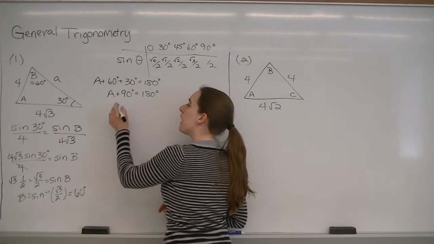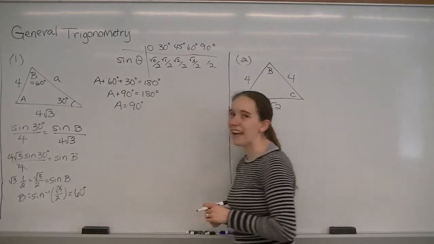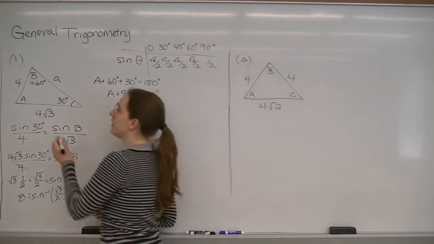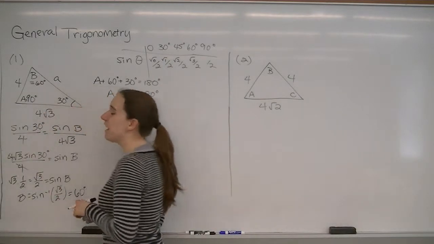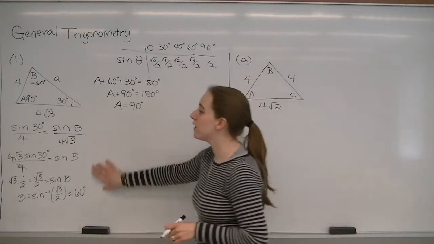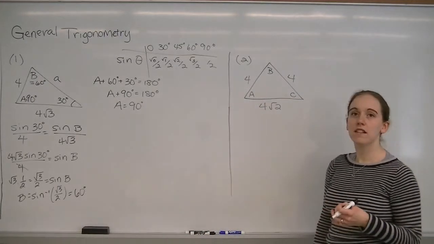So when I move the 90 over, I'm going to actually end up getting that A is indeed 90. So obviously my drawing isn't to scale. And this actually is a right triangle. A sneaky right triangle. We needed to use the law of sines to find out more information, but it is a right triangle.